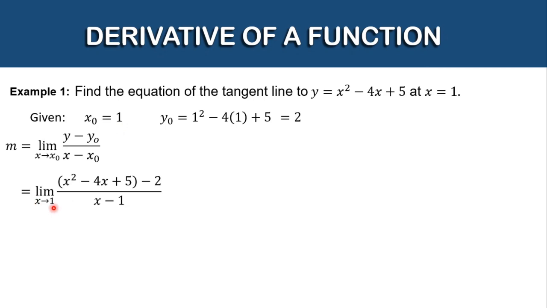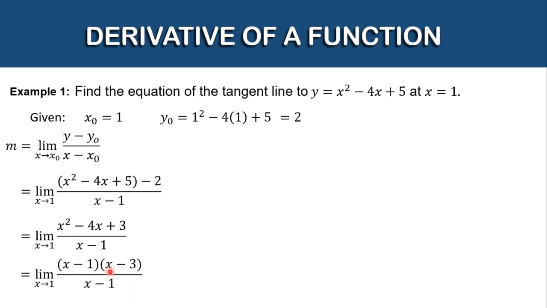Then after having this, all we need to do is to simplify the numerator. This is 5 minus 2, which is 3. And here we cannot do the direct substitution because the denominator will be 0 and this will become undefined. So what we need to do is to factor our numerator. And the factors are x minus 1 and x minus 3.